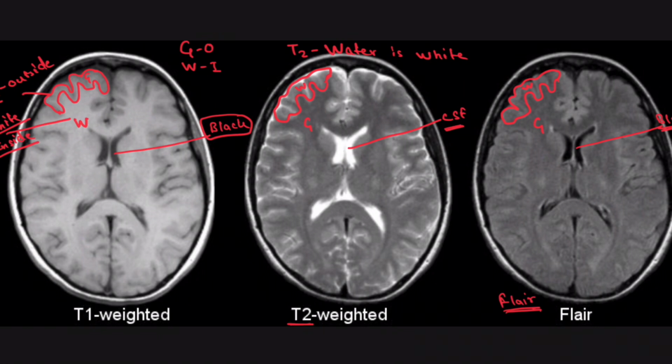This is completely opposite. Okay, so the CSF is white, white matter is outside in this, and gray matter is inside in this. Only the one which looks like the normal anatomy is T1. T1 always looks like normal anatomy.